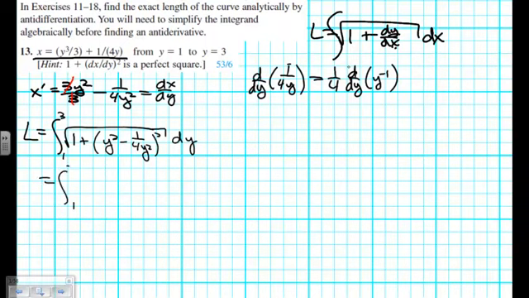So this is the integral from 1 to 3 of 1 plus y to the 4th minus 1/2 plus 1 over 16y squared. Brian, you found an earlier mistake. Did I make another mistake there?